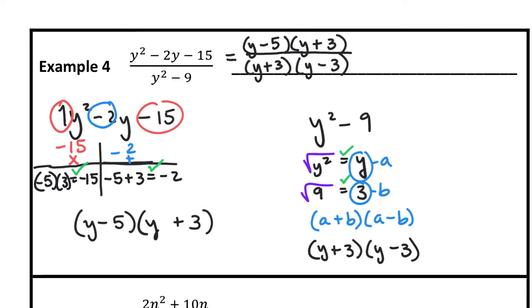And then we should notice that there's some cancellations happening, like this is the same as this, right? So these will cancel. So that's going to leave me with y minus 5 on the top and y minus 3 on the bottom.